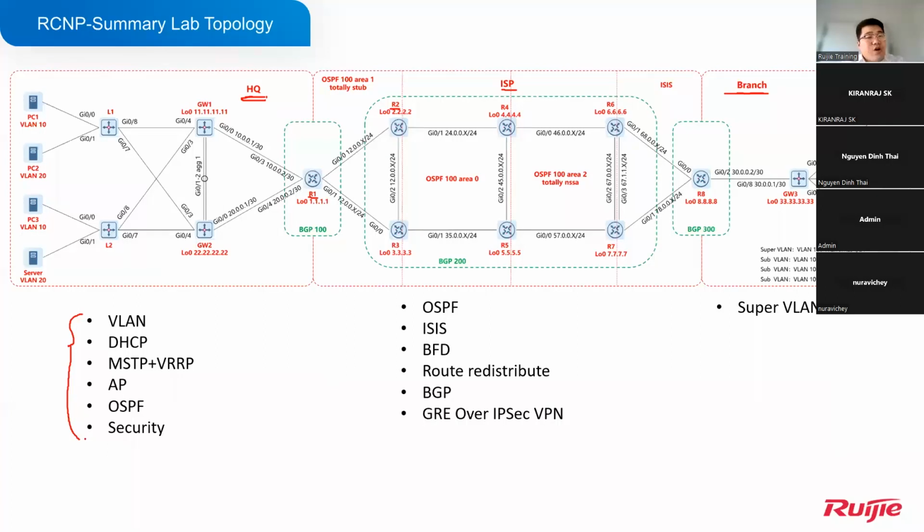So we hope that after completing the configuration of this topology, you will be able to master the application scenarios, the configuration, and some key points of the technologies in RCNP R&S.